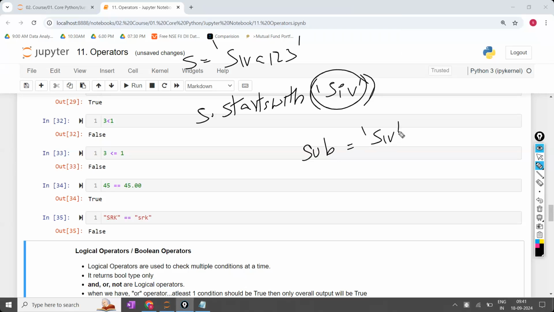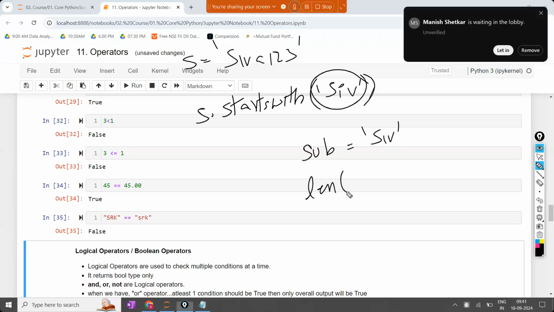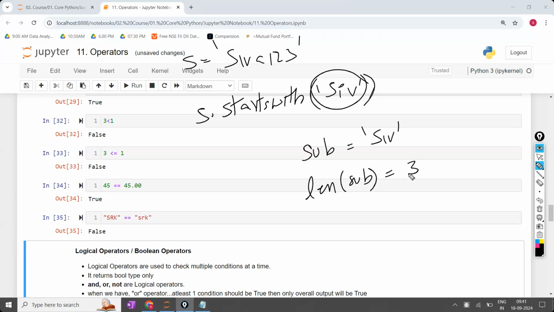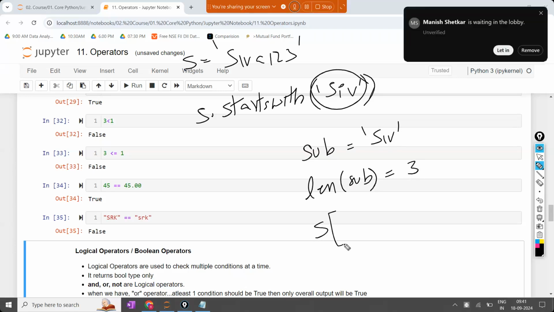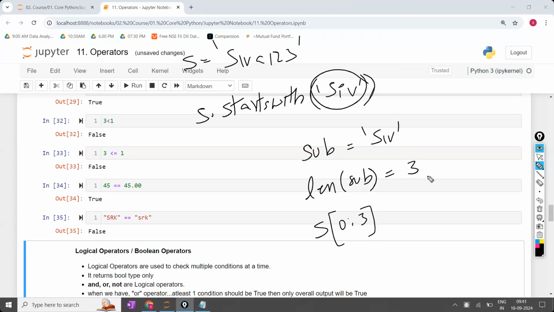First, it will store in the backend as sub. Now, after storing in sub, it will apply the length function on the sub. What is the length? 3. On the main string, it is going to apply the slicing operation from 0 to 3, and it is going to give the output as SIV.